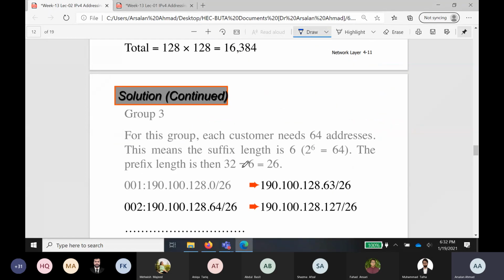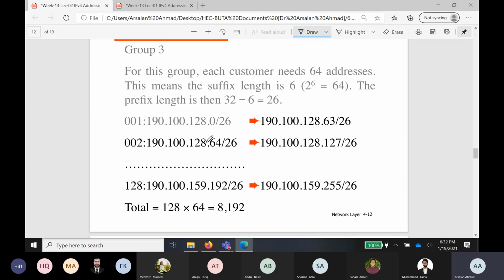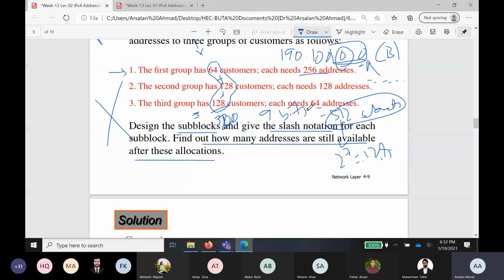So let's see, and the third group is this one, which has the suffix length of 6 bits, because only 64 addresses. Again, we are approaching the problem from right to left, as per our requirement, only 64 addresses.